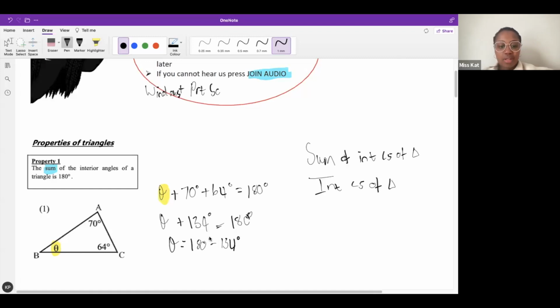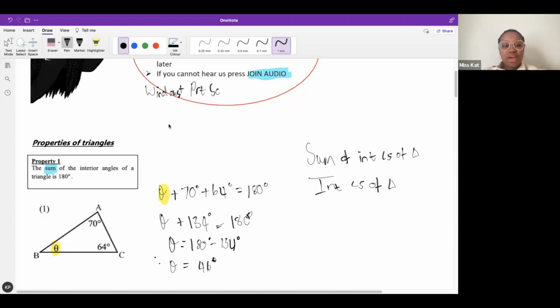And then my final answer will be, therefore, theta is how much? 180 minus 134, careful. Yes, 46 degrees. Thank you, Tando, for saying subtract on both sides, because that is essentially what we are doing.